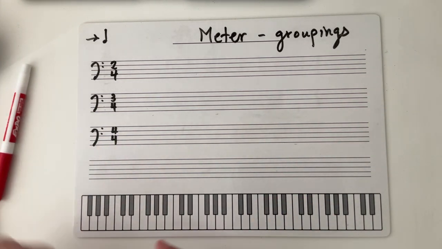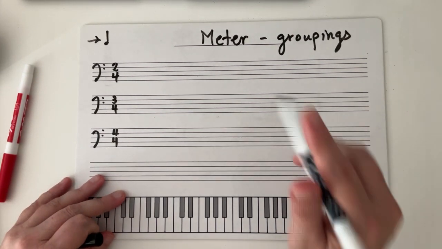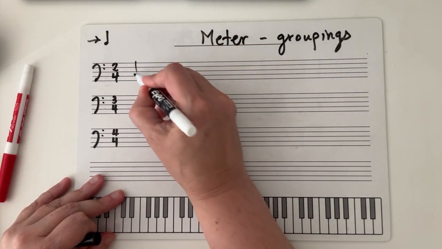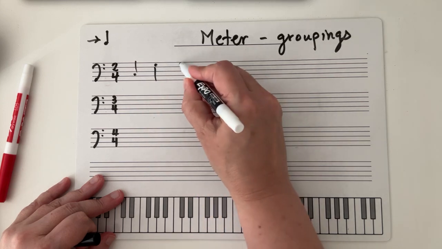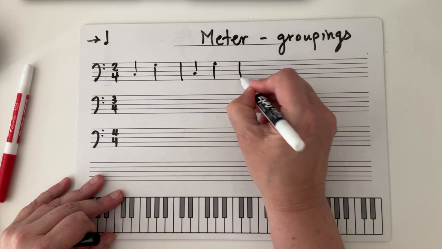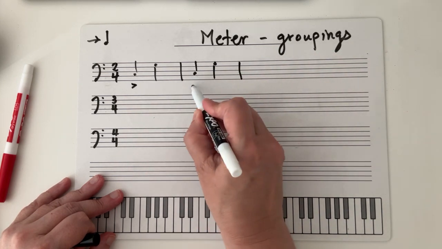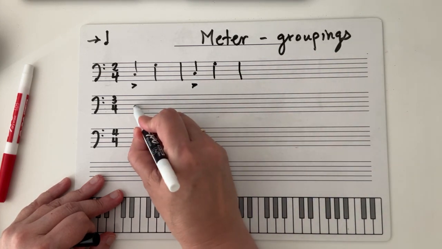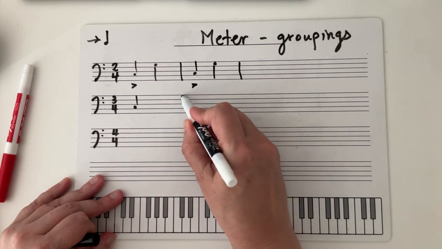So let's look at this basically. Here I have the strong note on 1. The strong beat is always going to be on 1.